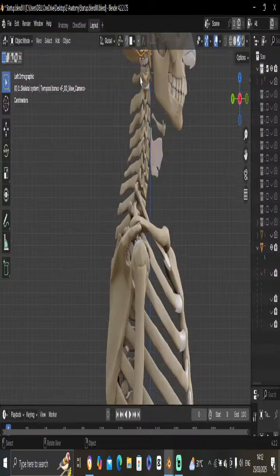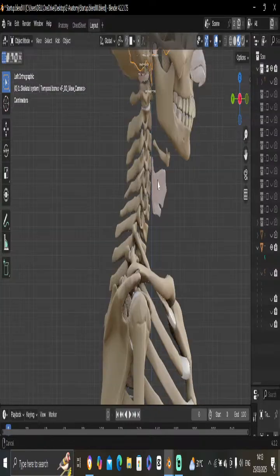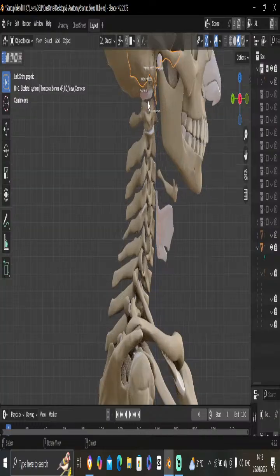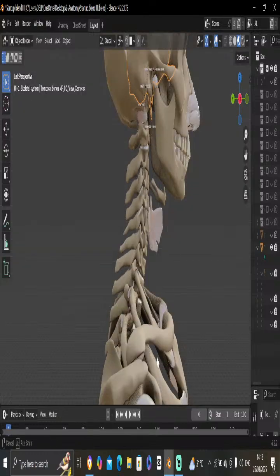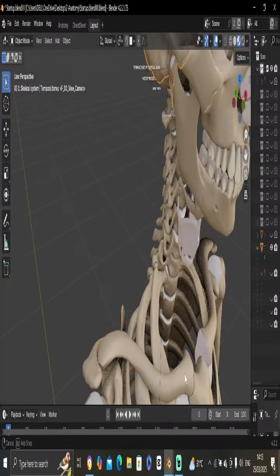So there's a projection. Let me zoom in on the projection here. The projection here is known as the mastoid process. So the muscle attaches to the mastoid process, then runs across the neck like this. It traces like this, then attaches to the medial end of the clavicle and the sternum.